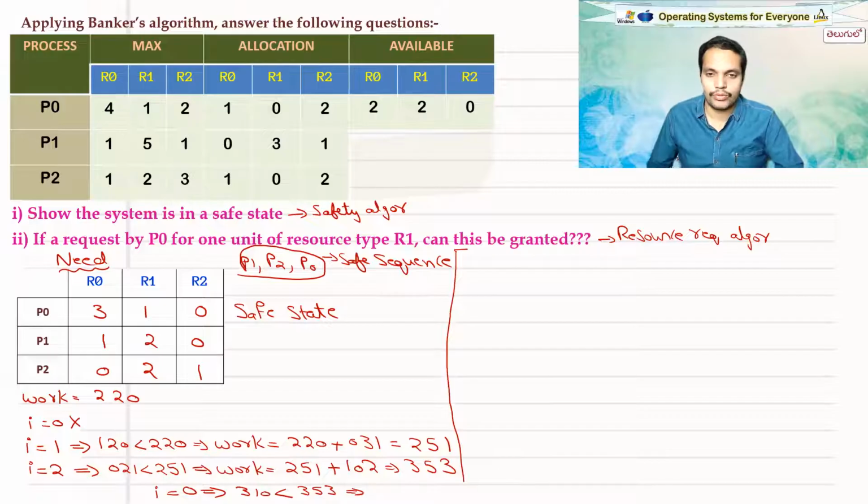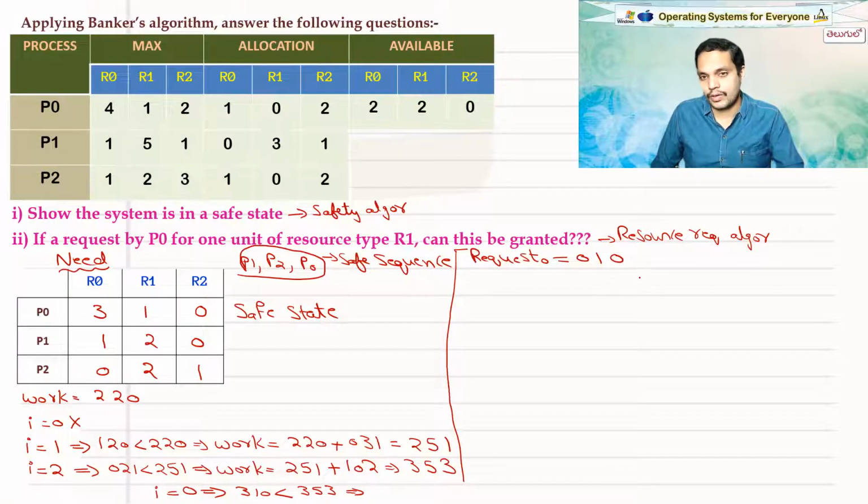So for that, what I need to do, I need to first check the request of 0, which indicates this request is being made by P0, 1 resource type of R1. That means it will be 0, 1, 0.